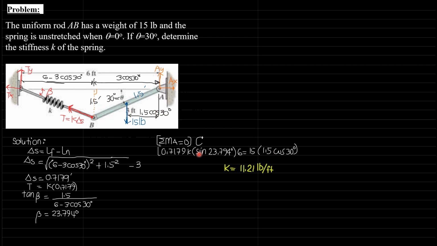From here, we can solve for K, and K is equal to 11.25 pounds per foot. So that's the spring constant, or stiffness of the spring. So that's it for this first problem.